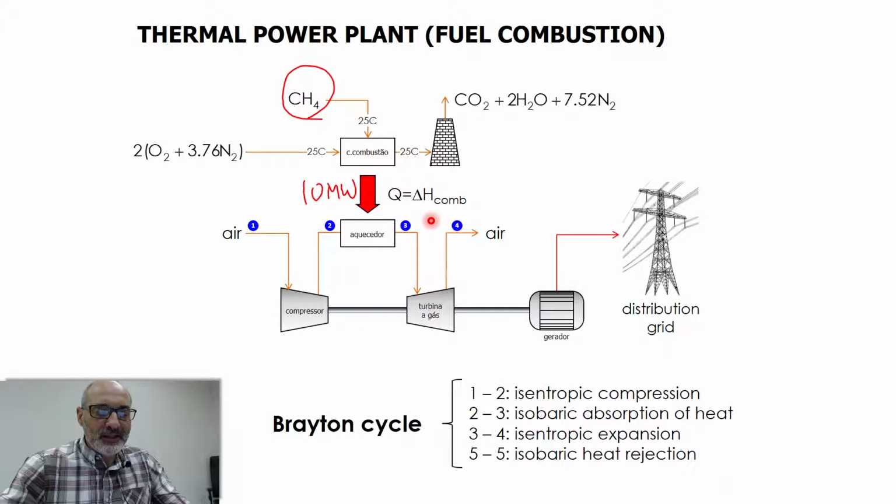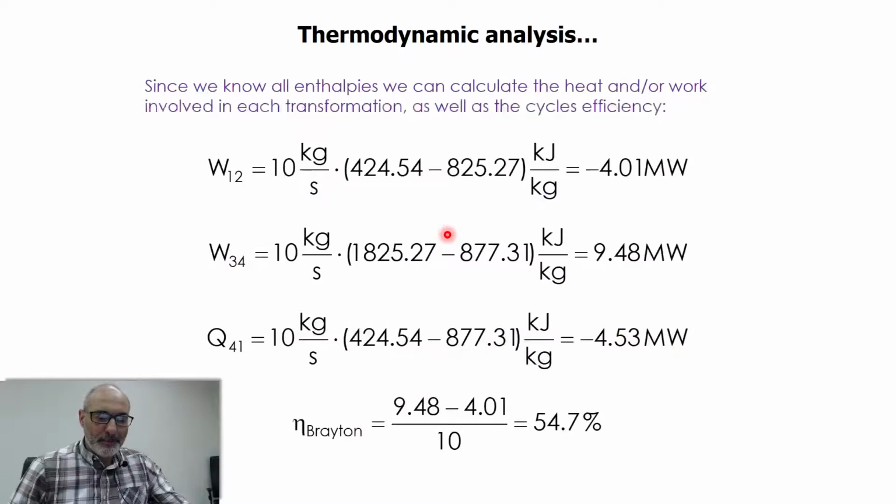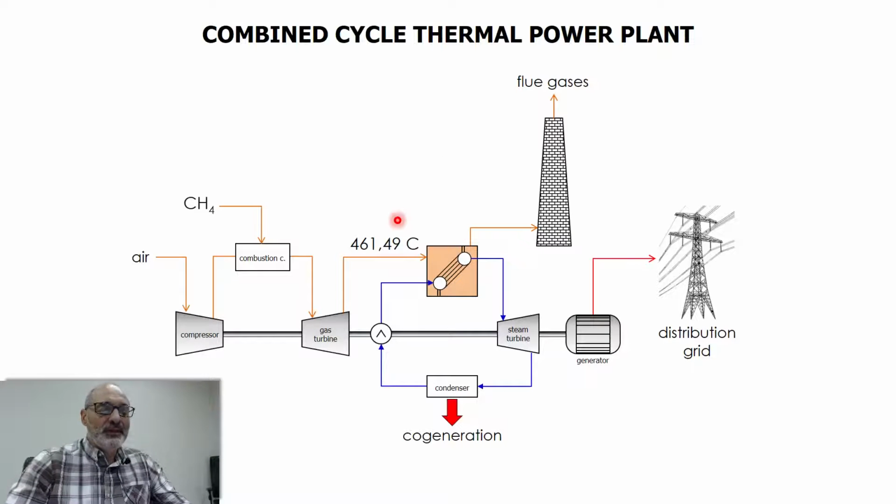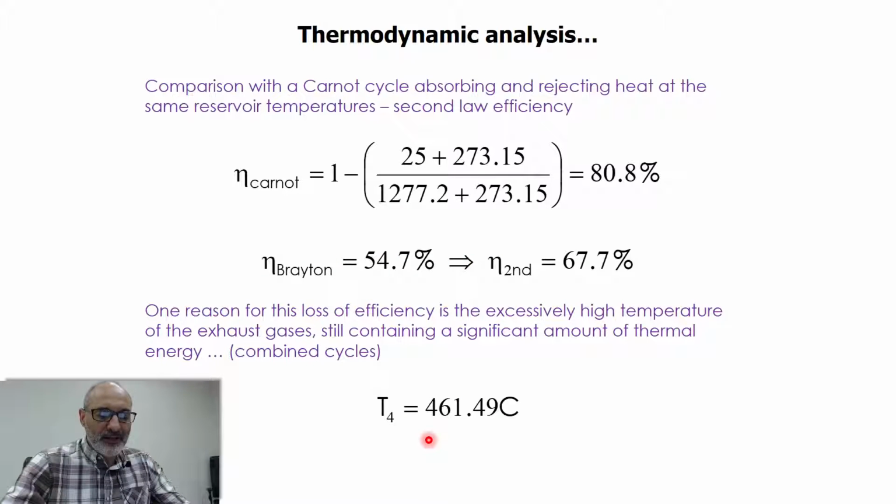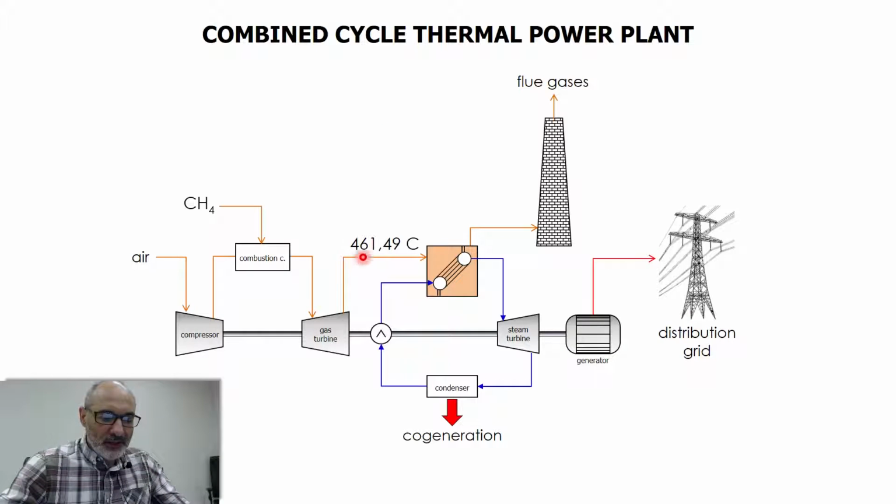Instead of rejecting this very hot air to the atmosphere, we can use this air as a heat source for another thermal cycle. That's what we're going to do. So we calculated the exit temperature, 461 degrees. Here we have low pressure. We have already expanded through the turbine, but we still have high temperature.